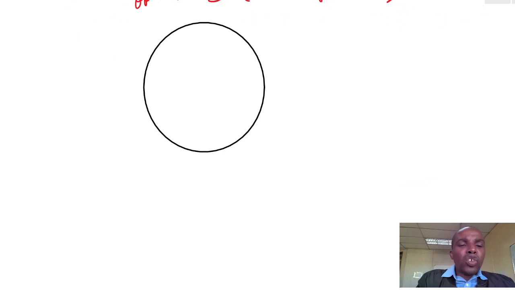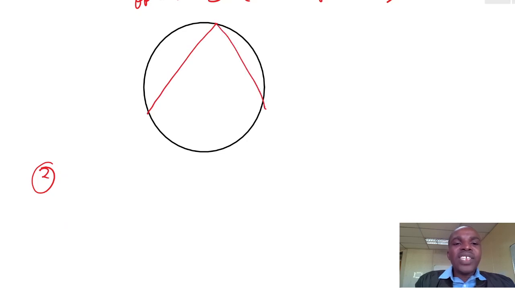Then theory number two of a cyclic quad is the exterior angle. If I draw it like this, the exterior angle of a cyclic quad is equal to the opposite interior angle. This angle is exterior, if it's x, then this angle inside is also x.